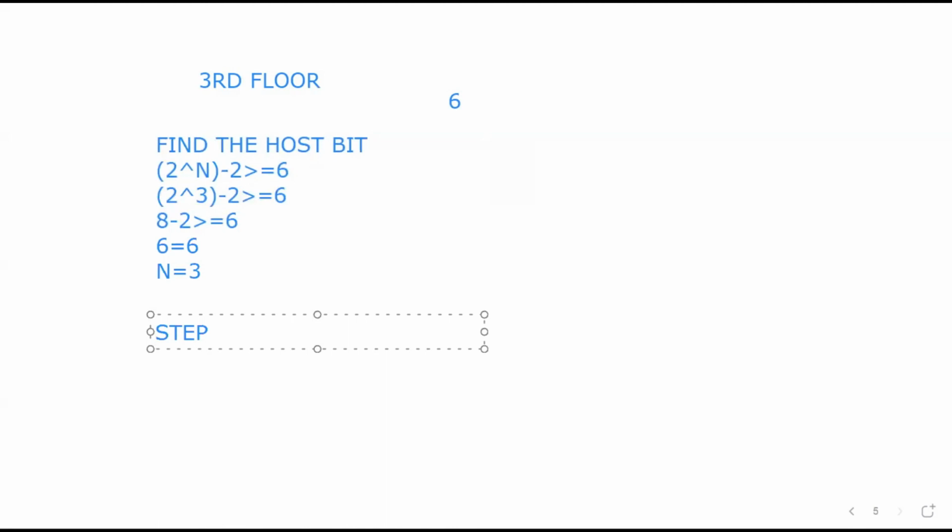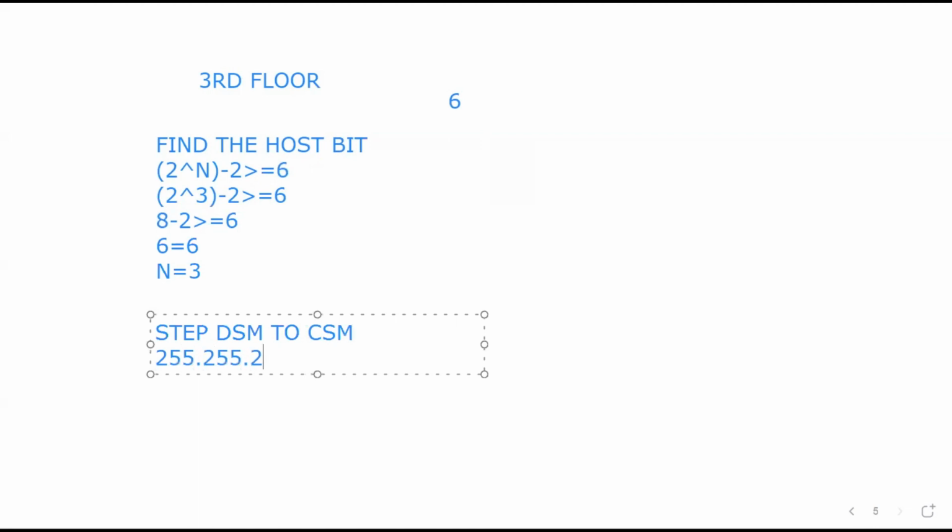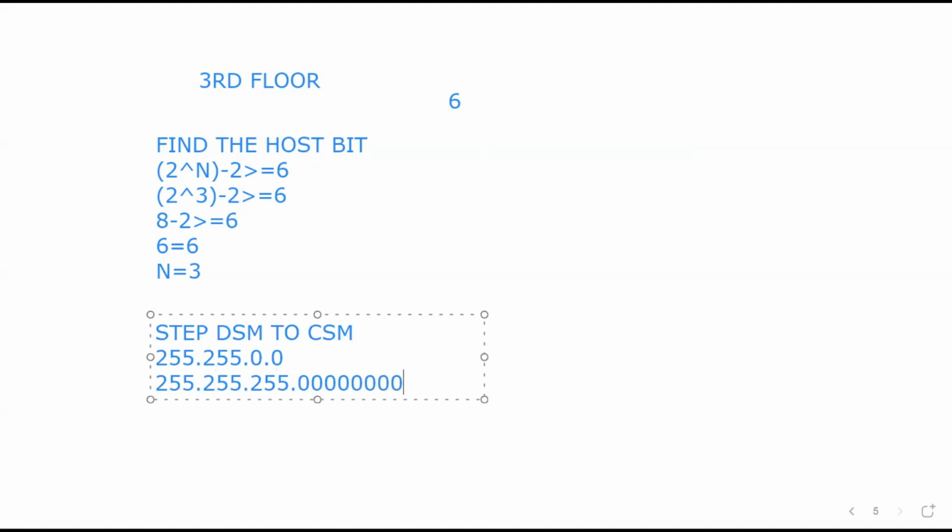Step 2, DSM to CSM. 255.255.255 dot, with 3 host bits the last octet is 248.